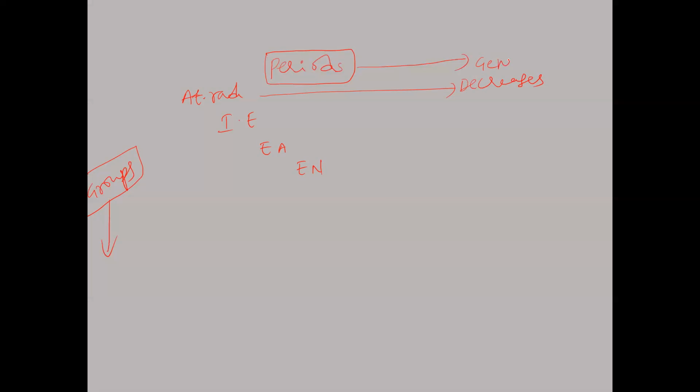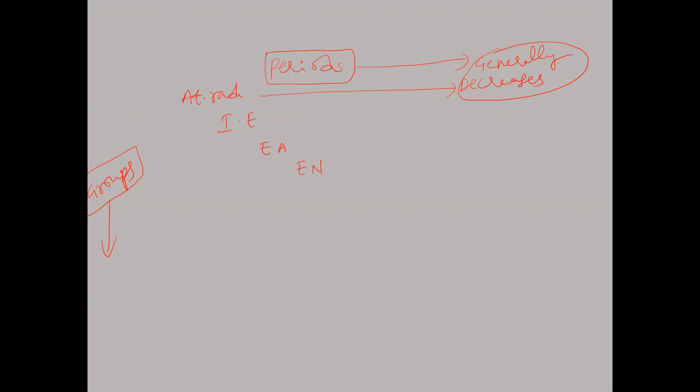So we say generally it decreases. Generally the atomic radius decreases from left to right in the period. So across the period means left to right in the period. Next, we'll discuss why we wrote generally decreases, why not always it will decrease from left to right.